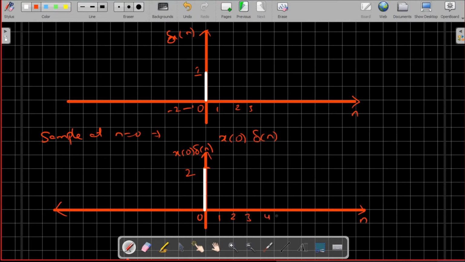What about the remaining values? What is the amplitude at 1, 2, 3? Since del of n is 0 for the remaining all, you can directly write the amplitude at 1 is 0, at 2 is 0, 3, 4 and 5. Similarly -1, -2. Okay. So only the sample at n is equal to 0 you represented as a function of impulse.